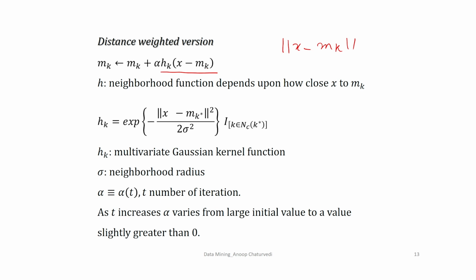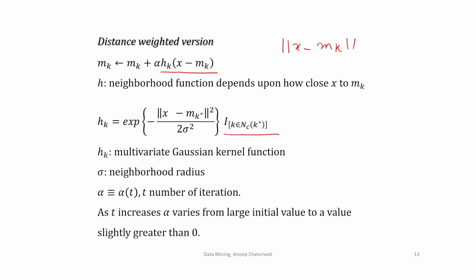H is the neighborhood function, and one may take hk equal to exponential of minus norm x minus mk star squared divided by twice sigma squared, times the indicator function that k belongs to NC k star.